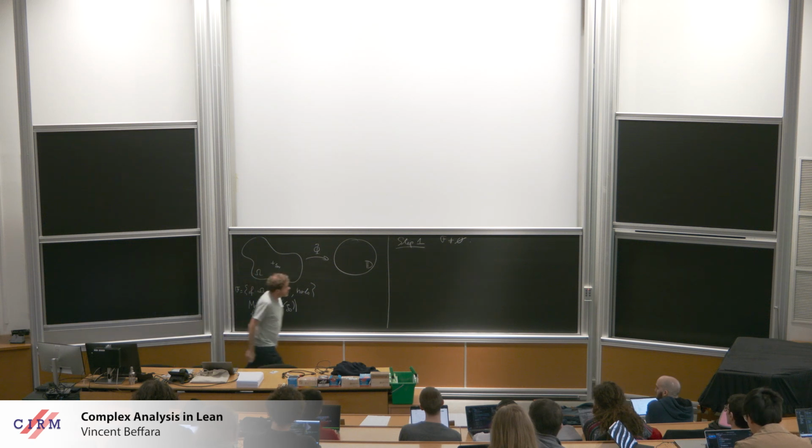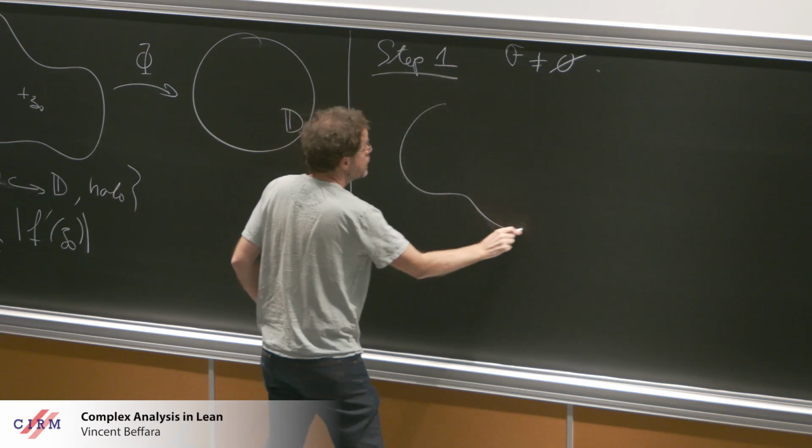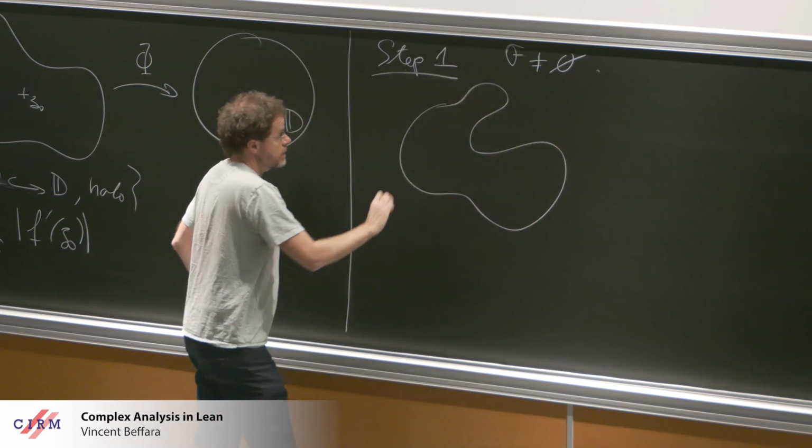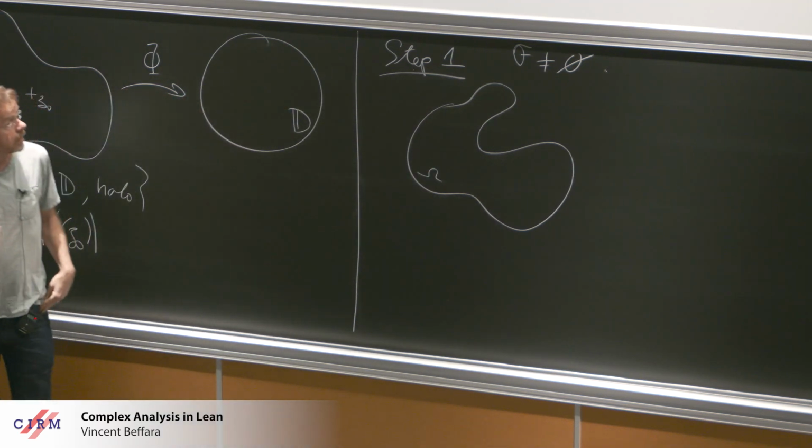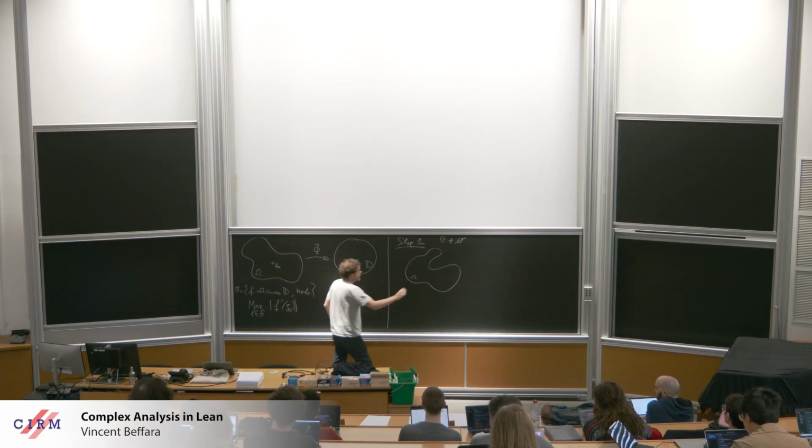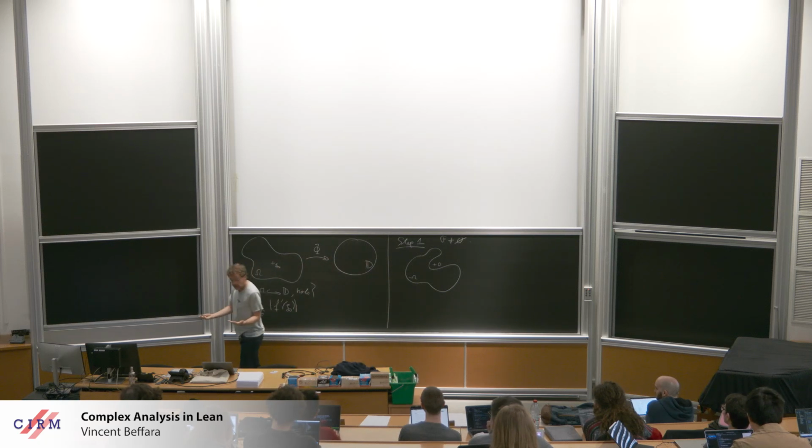Okay, so let me give you a quick argument. So this is omega. Up to translation, you can assume that 0 is outside of omega. And so you have a holomorphic function on a simply connected domain. The function does not vanish.